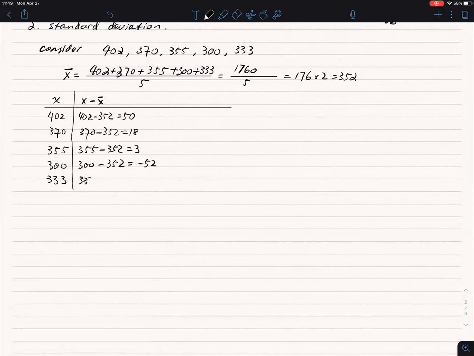And 333 minus 352, that is going to be negative 19.